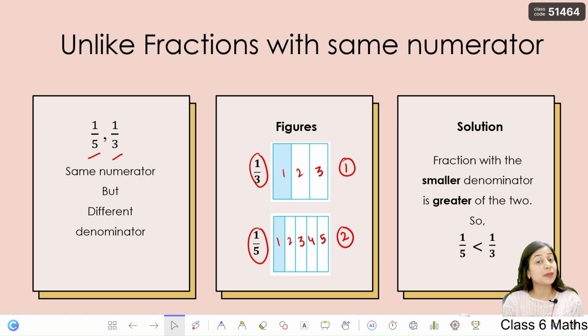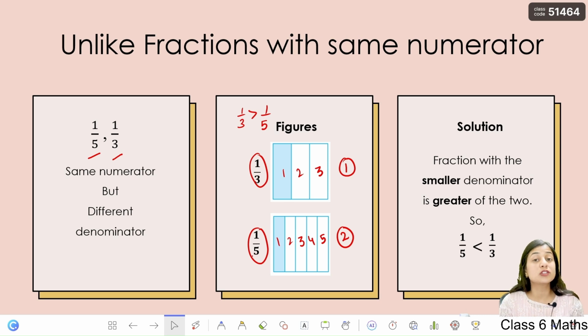Looking at the picture, if we overlap, it's quite obvious that 1 by 3 is greater than 1 by 5. And this is one scenario. But another way of saying it is that the same chocolate bar, if it is divided among fewer kids, that is 3, each will get more share, right? But if it is divided among more kids, like 1 by 5, each will get a lesser share.